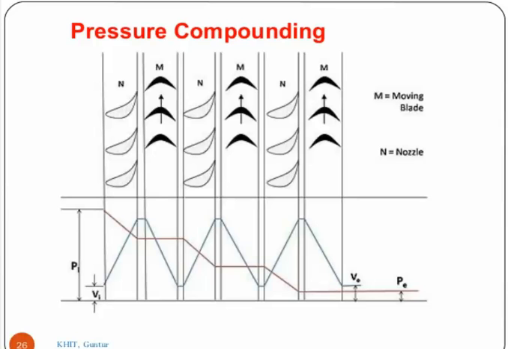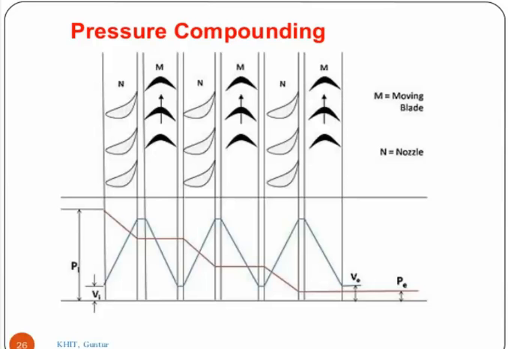The velocity at the different moving stages will rise up and then move downward or decrease. It will make a saw of ups and downs, whereas if we talk about the pressure, it is decreasing. Initially the pressure is very high.